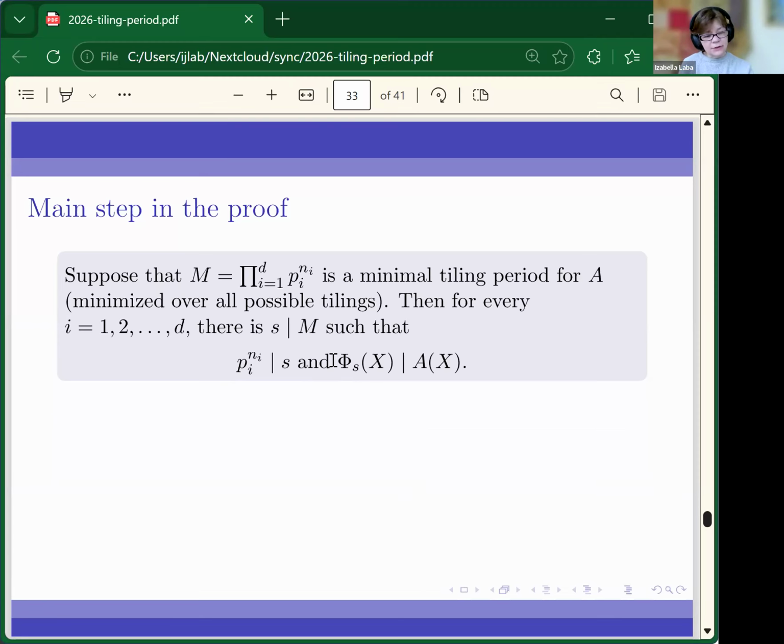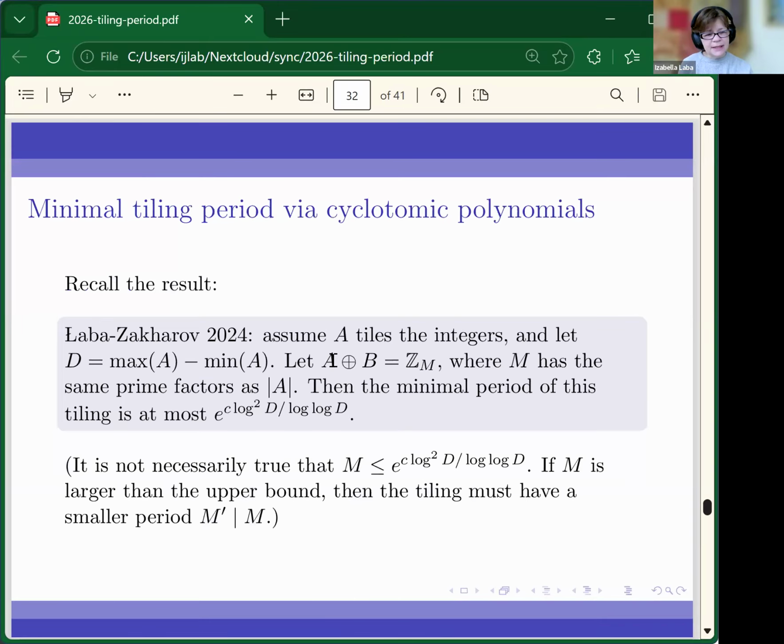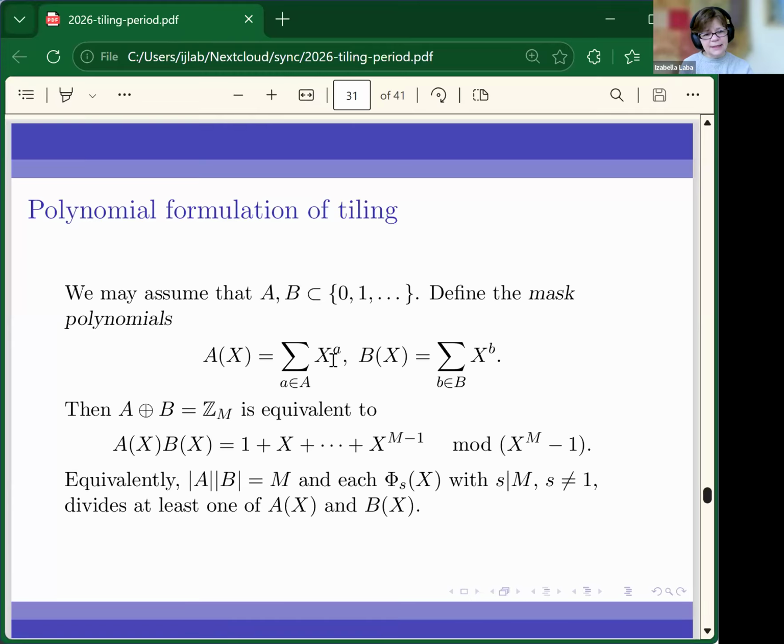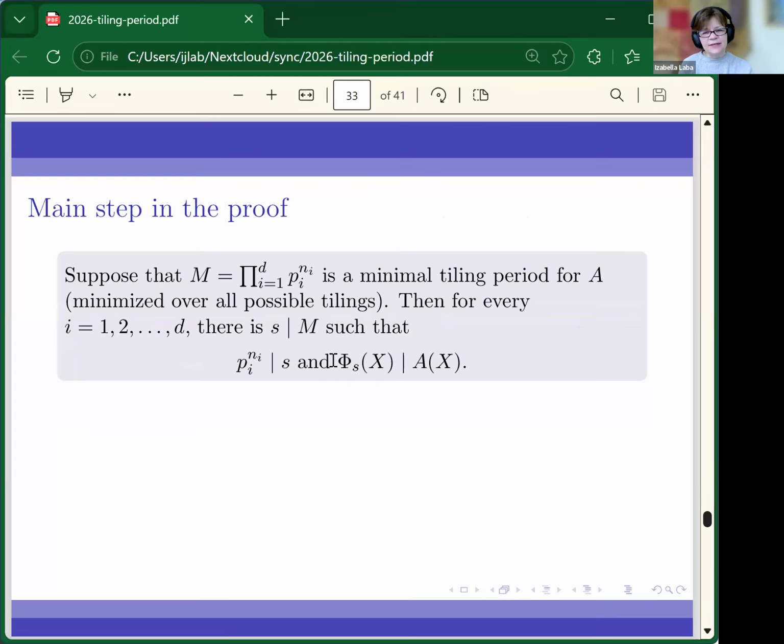Basically, if I could not do that, then I would be able to use the factorization from the last page, this one here, to identify a smaller period of the tiling, and then I could work with that. So this is the key result in the proof.